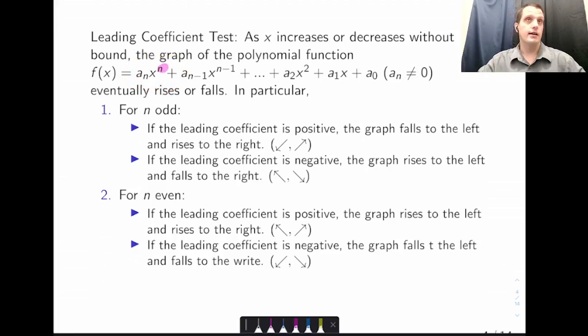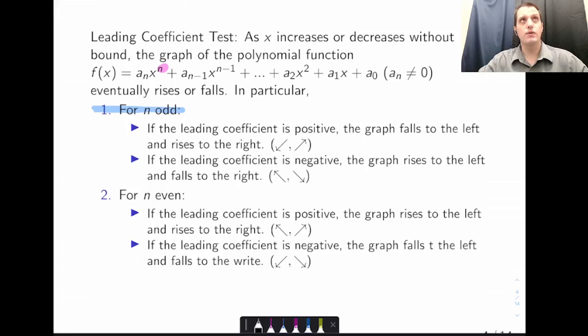If that n is odd, like 1, 3, 5, 7, etc., then we can look at this chart right here. So if n is odd and the leading coefficient is positive, the graph falls to the left and rises to the right. Something we recognize here is a line.